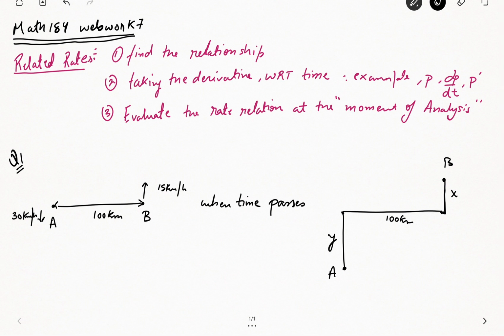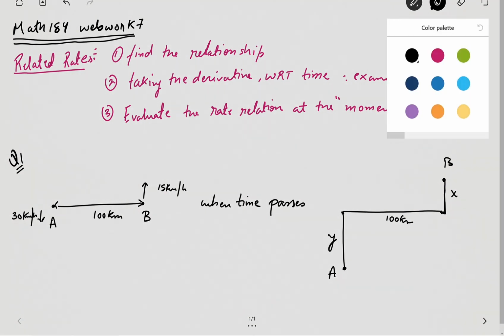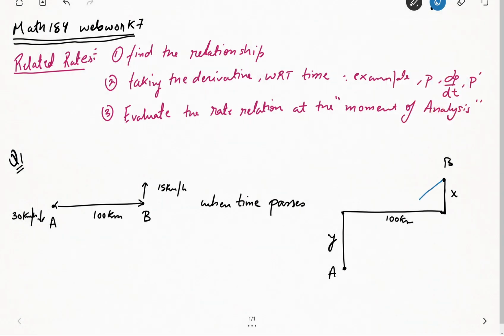Once you've figured out all the quantities in the situation, we need to find the relationship, as part 1 tells you. I'm going to change the color here. We're looking for this distance, because the problem asks how fast the distance between them is changing. By Pythagoras, this side here could be replaced with an x, and this side here is just going to be 100.